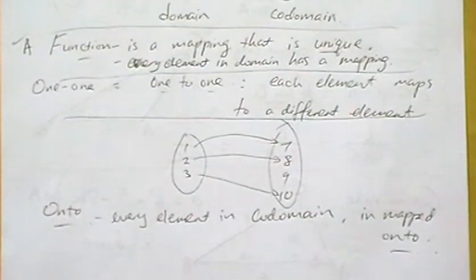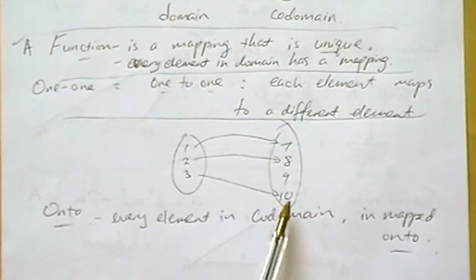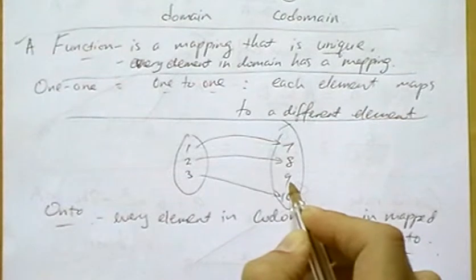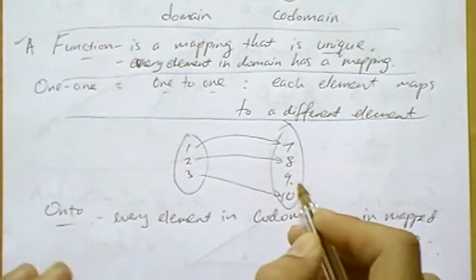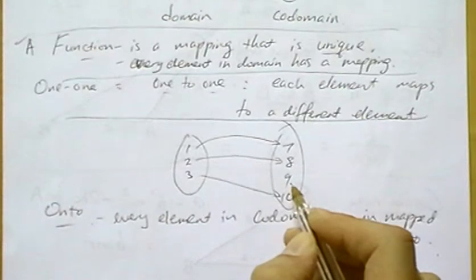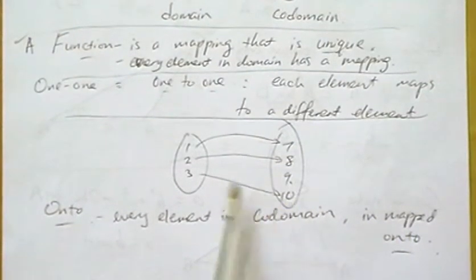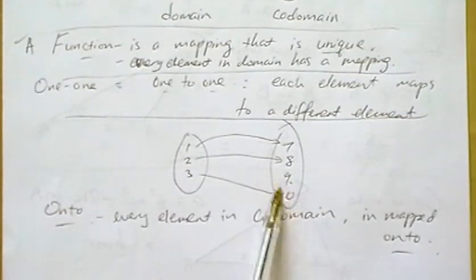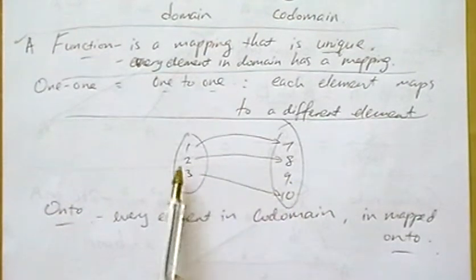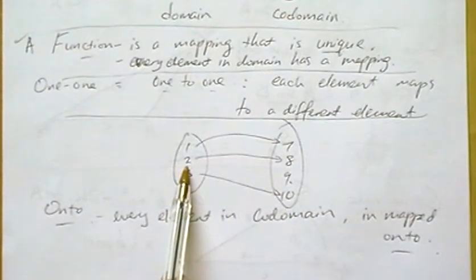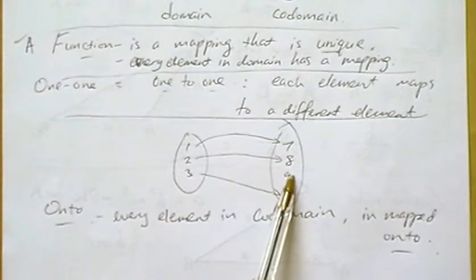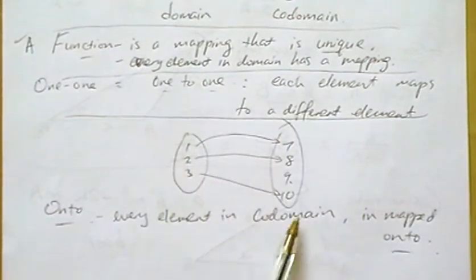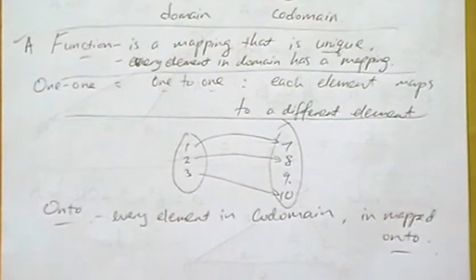That's where the onto comes about. Now let's look at this picture. In this picture, this number 9 has not been mapped onto. It is quite lonely because all the other elements are connected to a friend in the domain, but only 9 is alone. It is not related to any elements in the domain. So 9 has not been mapped onto. So this particular mapping, defined by these arrows, is not onto.